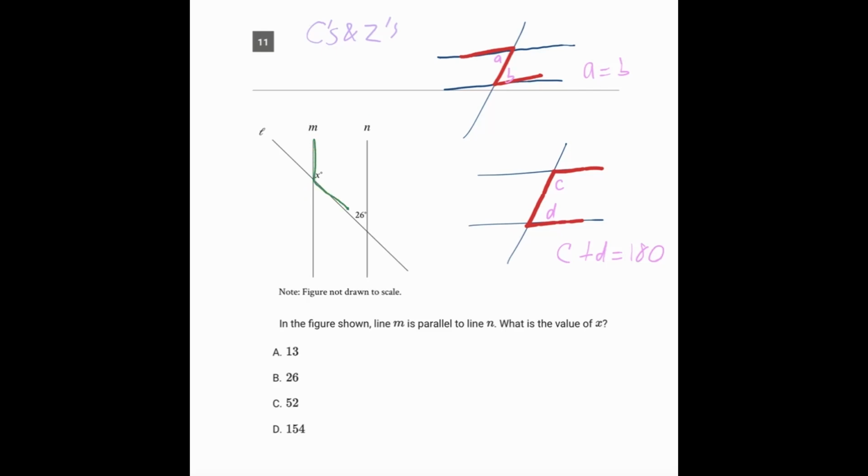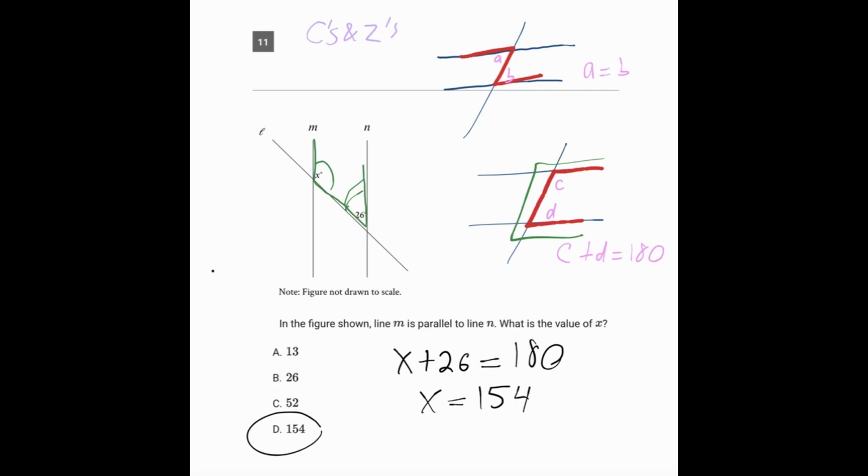You have to kind of turn your head sideways to see it, but you've got this angle here and this angle here, and they are doing the same thing that these two angles are doing. So we know by definition, they add up to 180. And by the way, the formal name for those is same side interior angles or consecutive interior angles. But in any case, they add up to 180 with each other. And so we can take away 26 from both sides, and we'll get x is 154. And that's our answer for number 11.